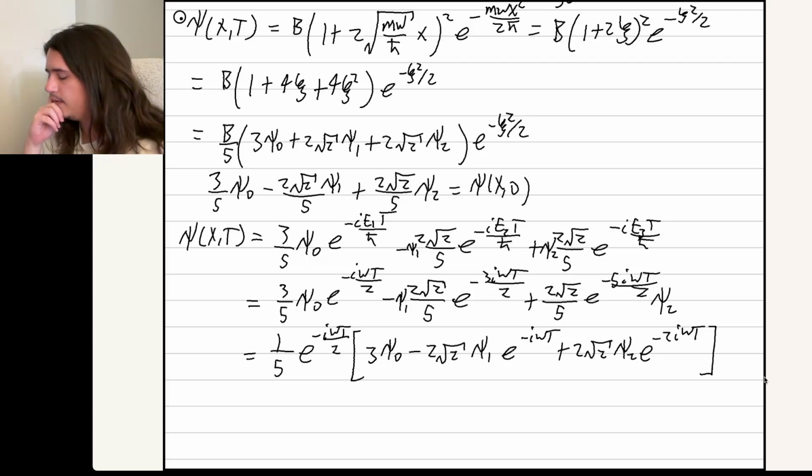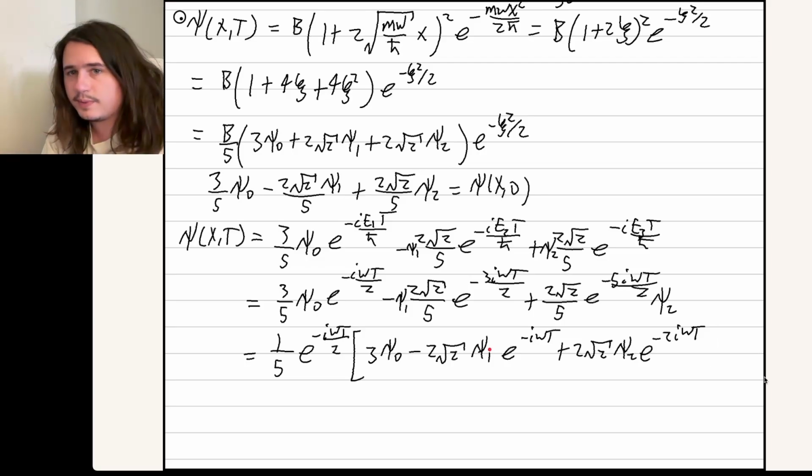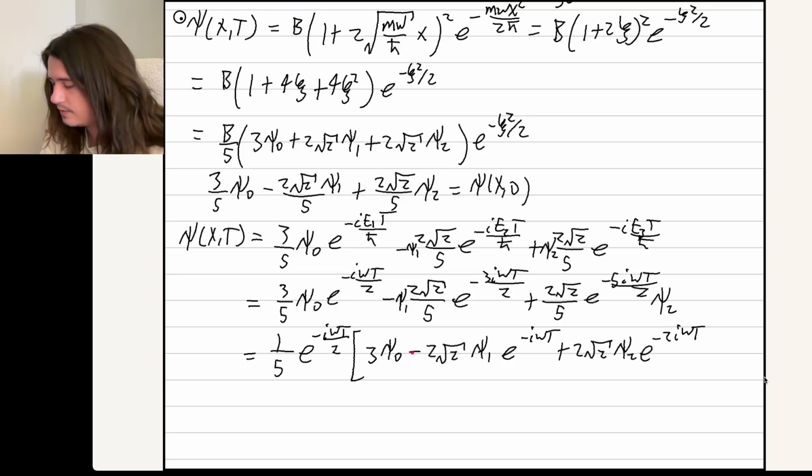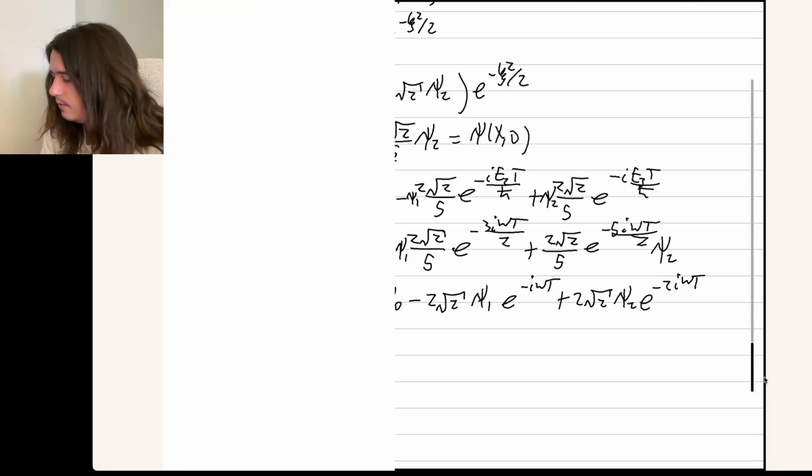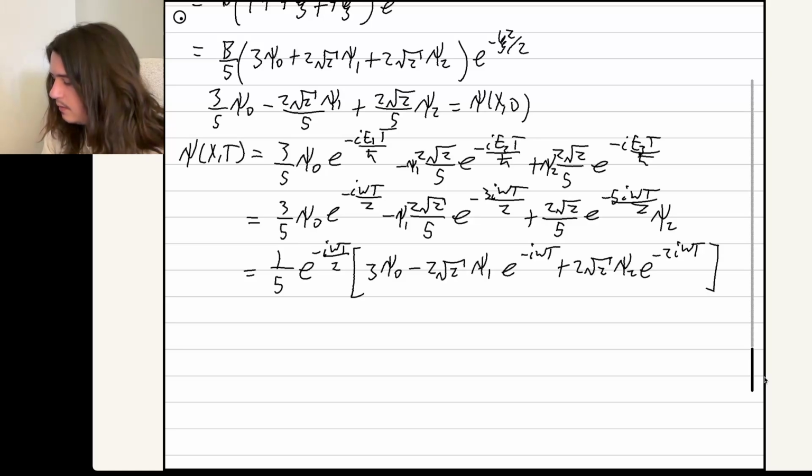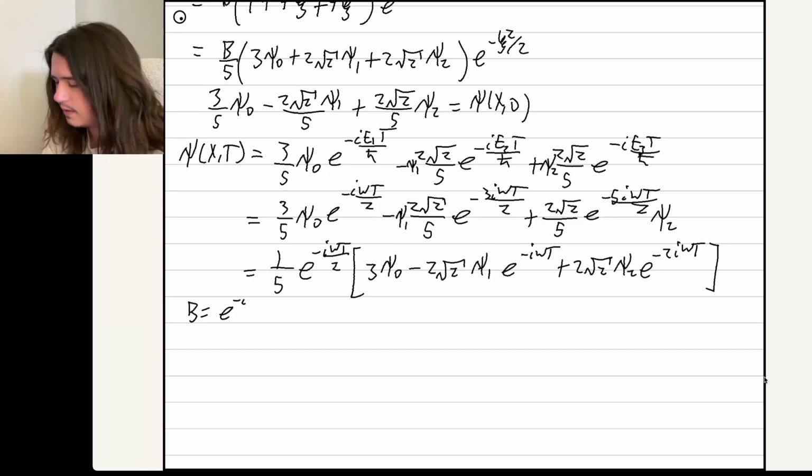And then, so it looks like this expression here is also almost matching this expression here. There's just a difference of a minus sign on this second term and a plus sign on the second term up here. So for this to work, it looks like b equals e to the minus I omega T over 2.